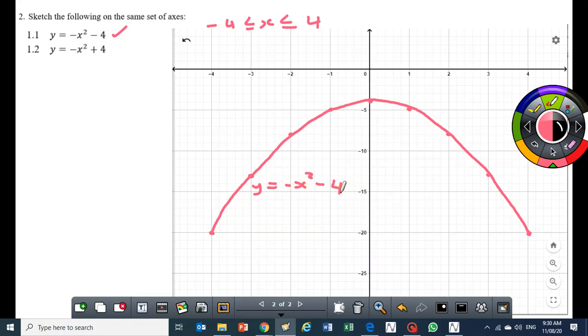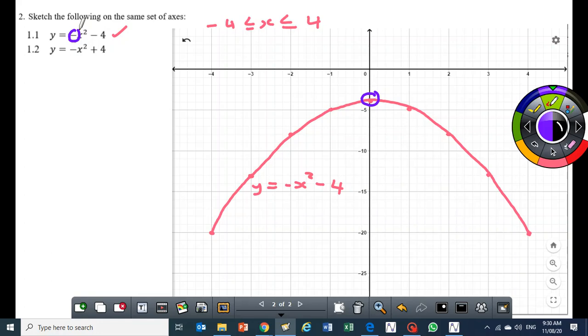Now I'm sure you can see that the y-intercept must be at minus 4, which is here. That's where the y-intercept is. Our graph has a maximum turning point because the coefficient of x squared is negative. If the coefficient is negative, then the graph will have a maximum turning point, that is, it will have a sad face.